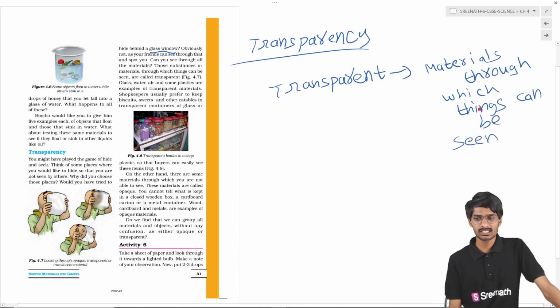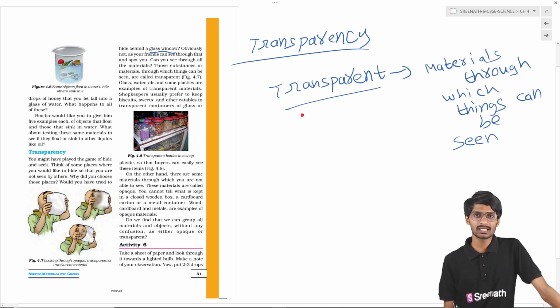Materials through which things can be seen are called transparent materials.